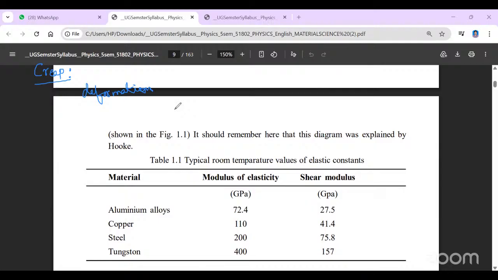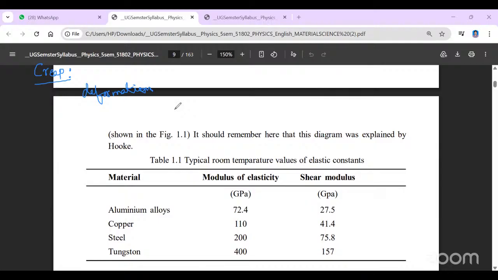If the creep rate is more, then the durability of those turbine blades will be less. So we have to choose a material which has a very low creep rate for engineering applications.